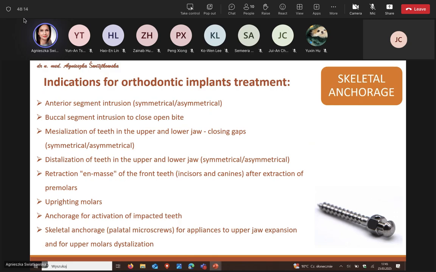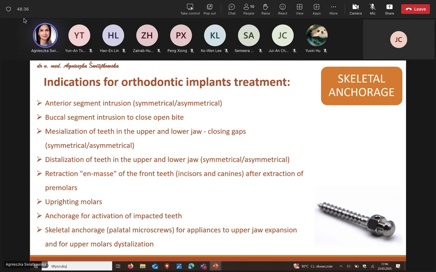Because we could lose the anchorage, first we made distalization of the canine, and then we connected this canine with the buccal teeth, and then we made distalization of the anterior incisors.